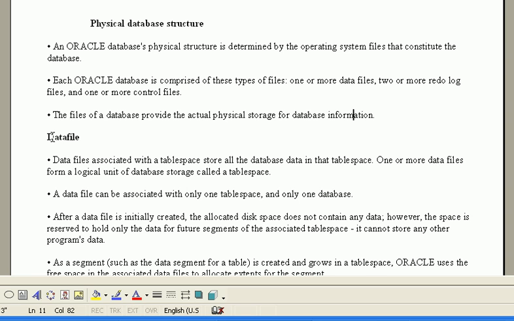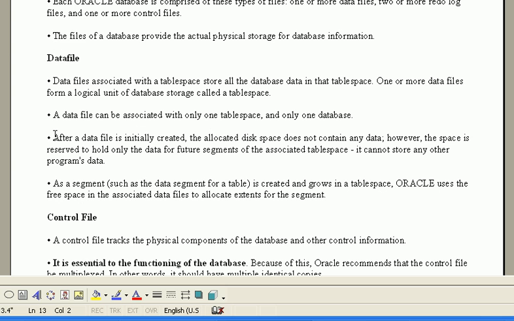The first one is the data file. Data files associated with a table space store all the database data in the table space. One or more data files form a logical unit of database storage called a table space. A data file can be associated with only one table space and only one database.